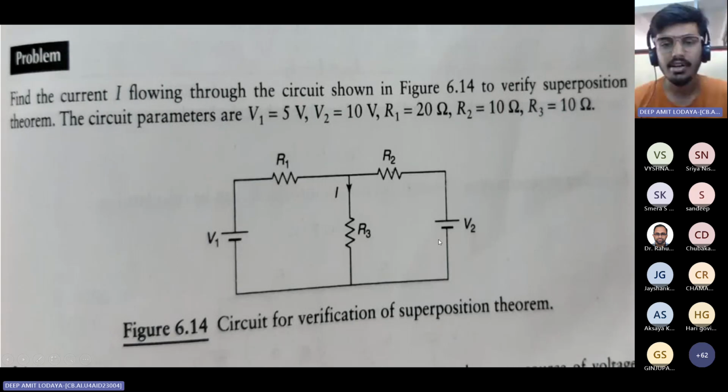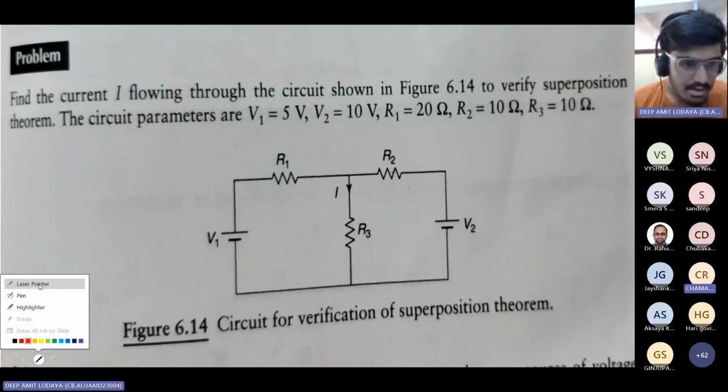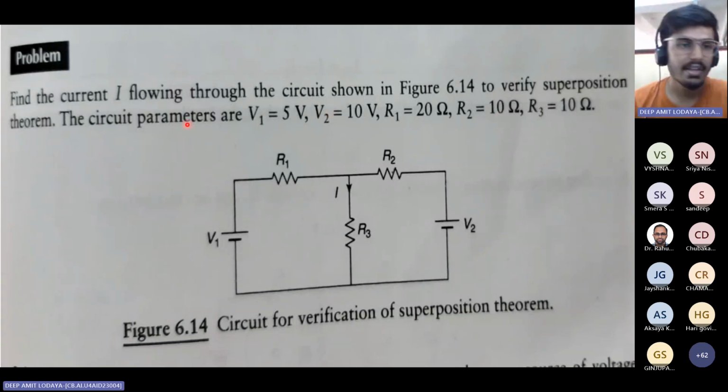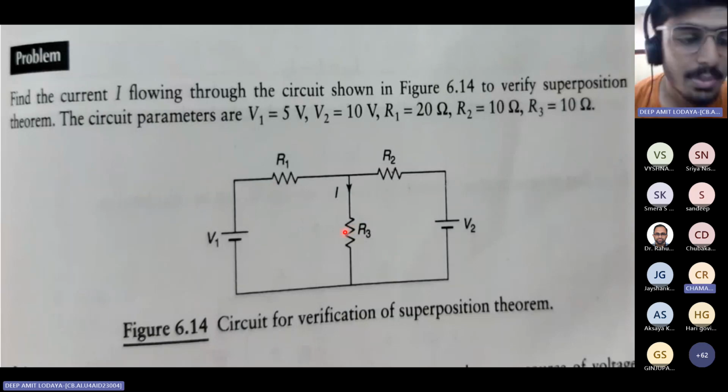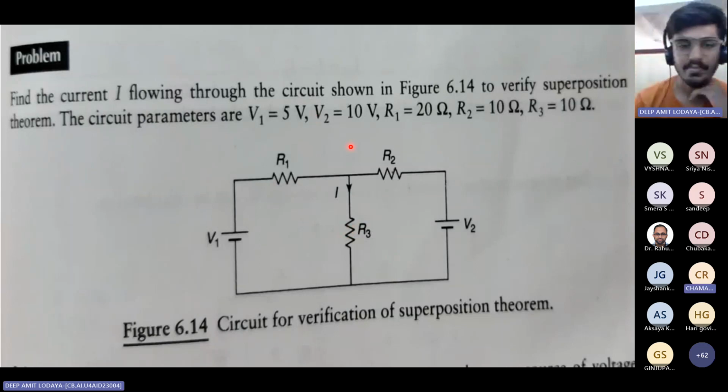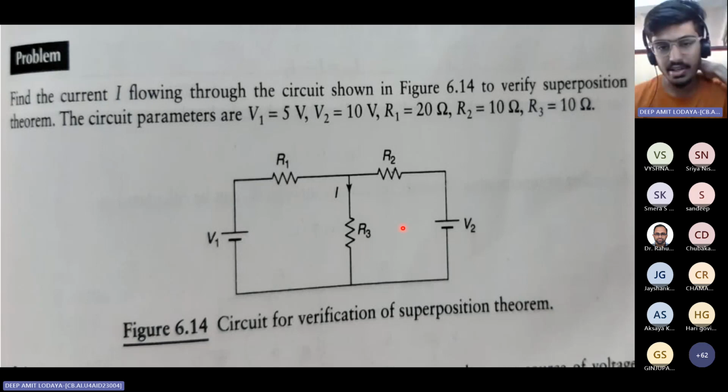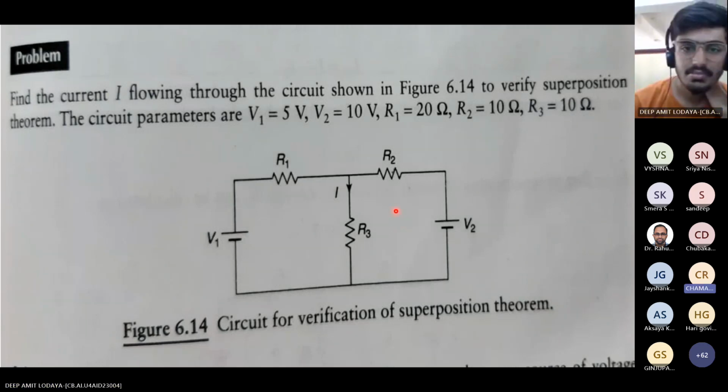We need to find the current I flowing through the central branch, wherein the given circuit we have a 5 volt source over here and a 10 volt source over here, a 20 ohm resistor, a 10 ohm resistor, and a 10 ohm resistor. So we are supposed to verify the superposition theorem in this circuit. Can everyone write down the question?